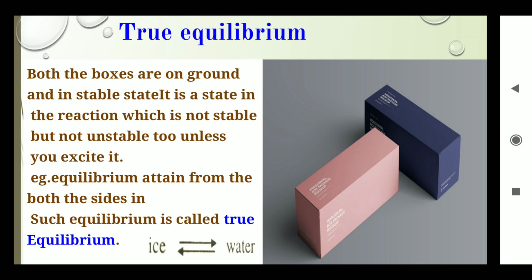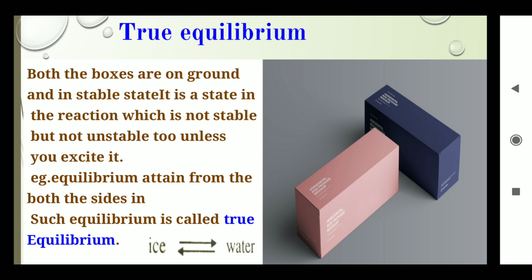If we apply any force on these two boxes, they remain on the ground. Their stability is not disturbed. They do not transfer from one state to another. They remain on the floor, on the ground. Such a state is said to be the equilibrium.